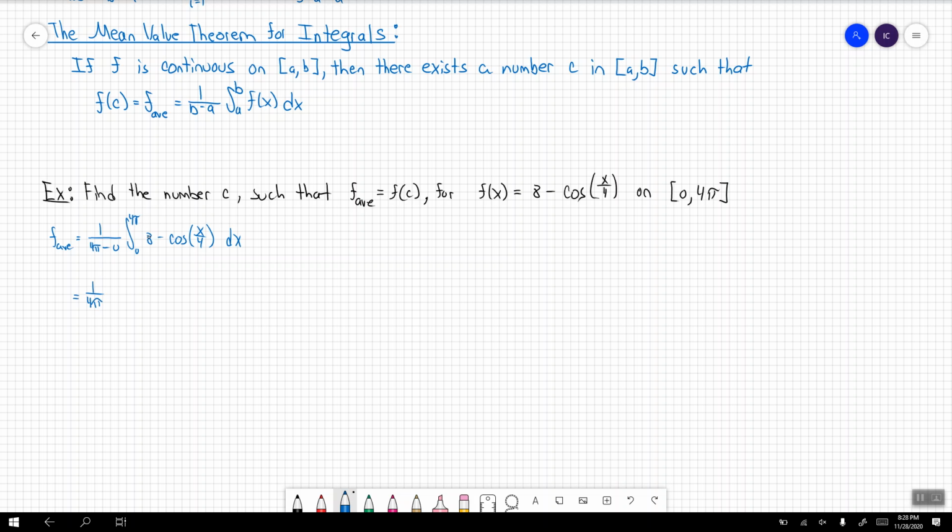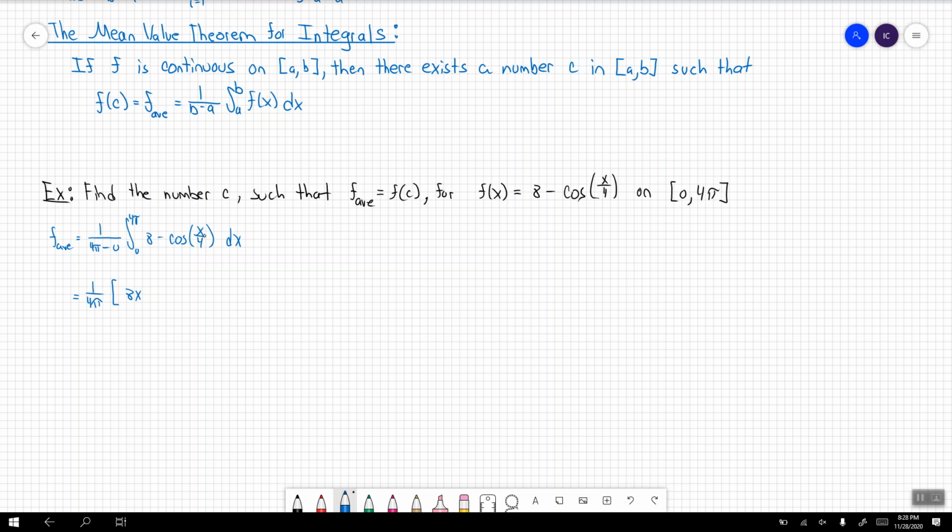The integral of 8 with respect to x is just 8x. For the integral of negative cosine of x over 4, we can use a u substitution for the inside argument of cosine.